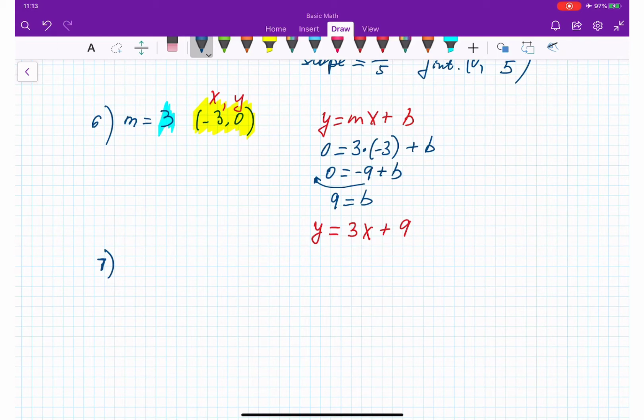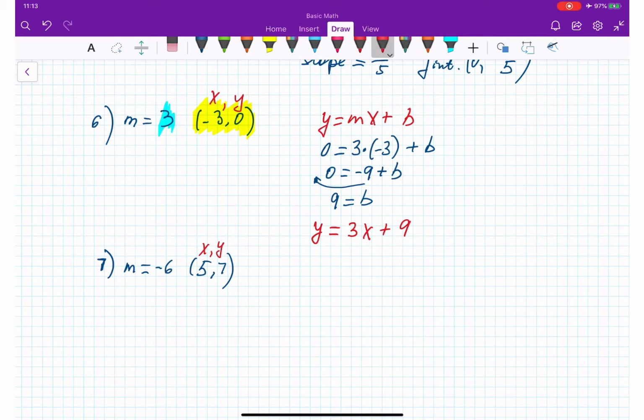We have m equals -6, and we have coordinates (5, 7). So we are going to do it exactly the same way we did the previous one, which means this is our x, this is y.